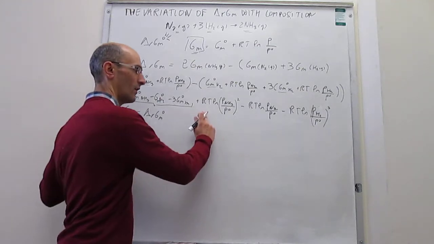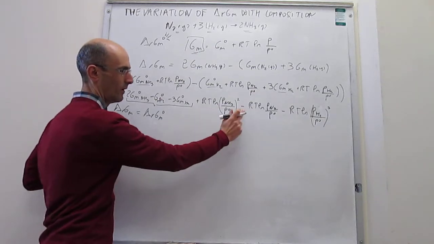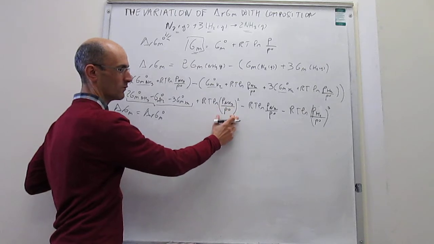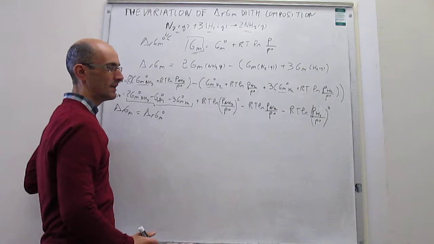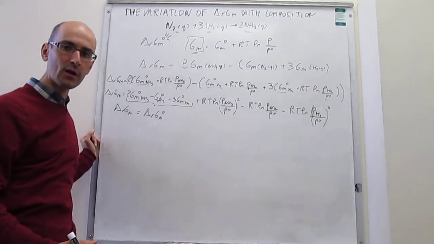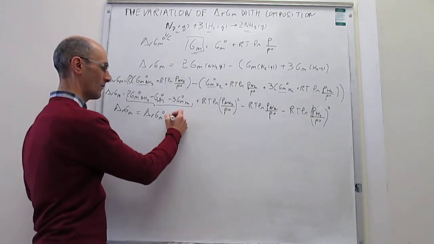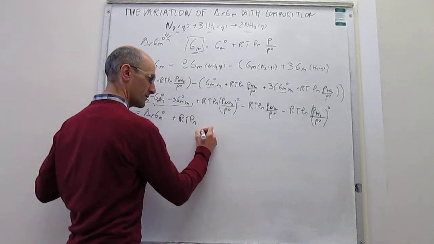And then we have this term. Okay, so what we're going to do here is just take common factor of RT, and then we will have that this will be the sum or difference of natural logarithms, and then we're going to use the simple rules of logarithms to consolidate that quite well. All right, so there's going to be RT, and then you will have the natural log of the following term.